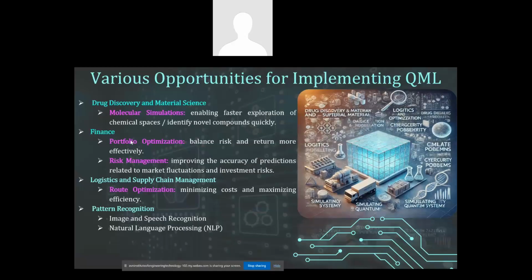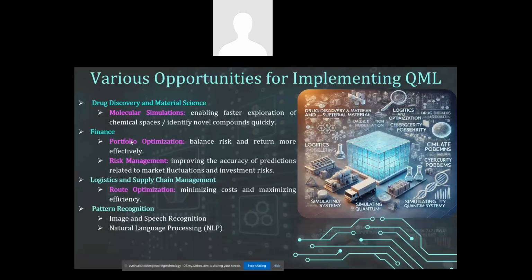So with the implementation of QML in portfolio management, what can we do, right? We can take a balanced risk, and more efficiently manage the stocks or the portfolio very effectively with the balanced risk. We can identify the potential of a stock in the future based on past data, right?